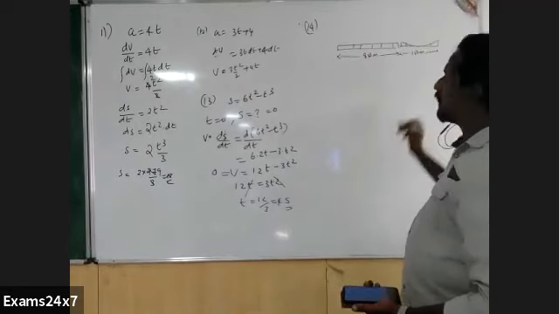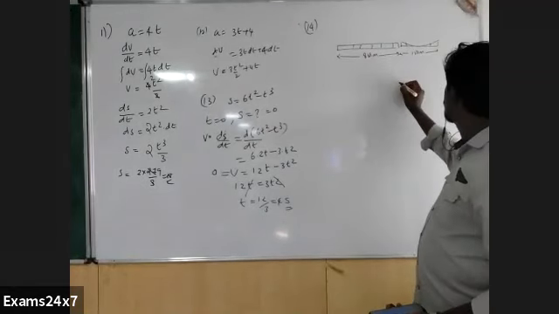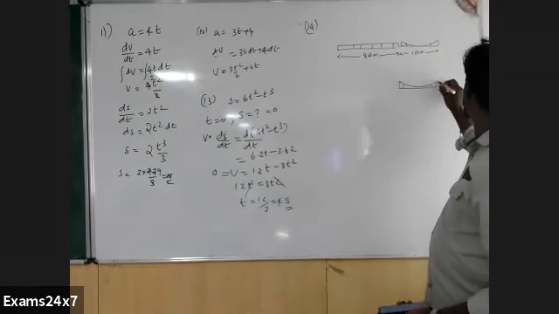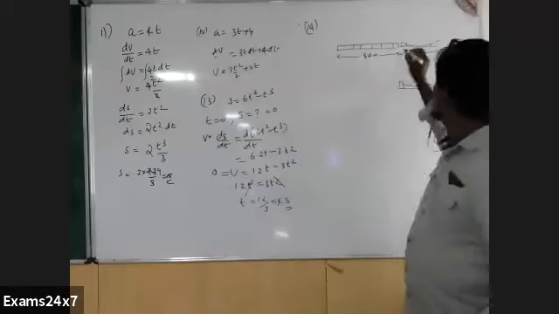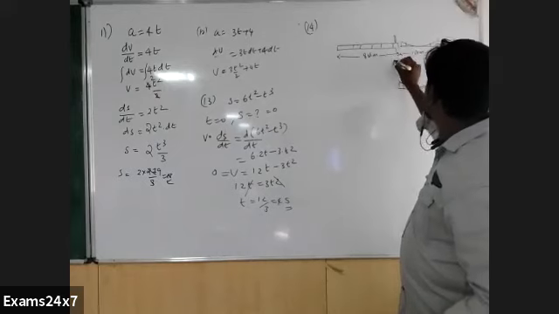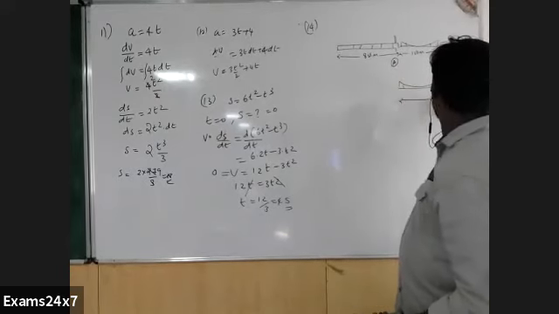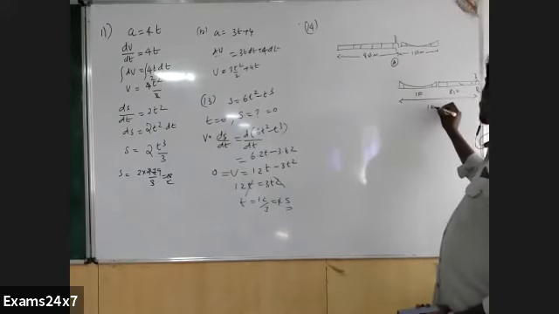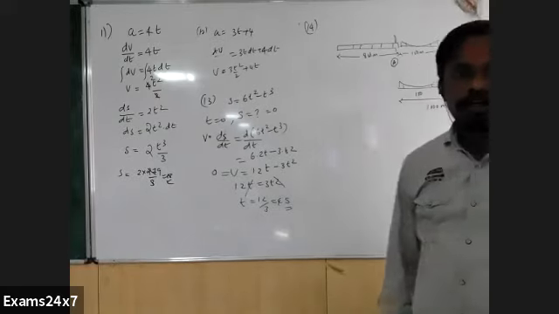If the train has to cross the bridge, the train has to be in this position. The bridge will be there and the train should be like this. Now you tell me, this is the engine of the train. How much distance has it covered from point A to point B? This is 150, this is 850. It's a total of 1000 meter or 1 kilometer. It has covered 1 kilometer.